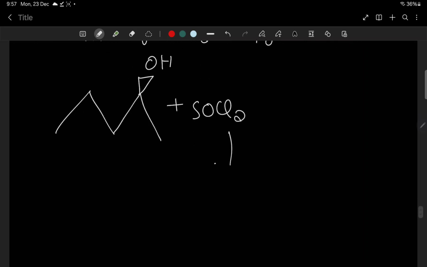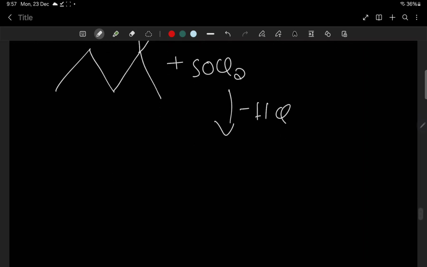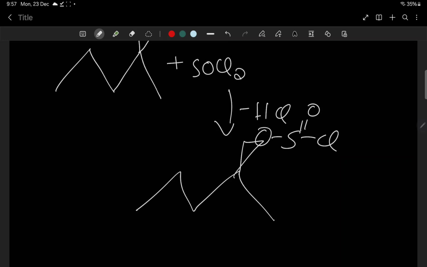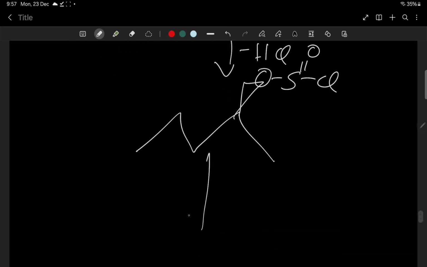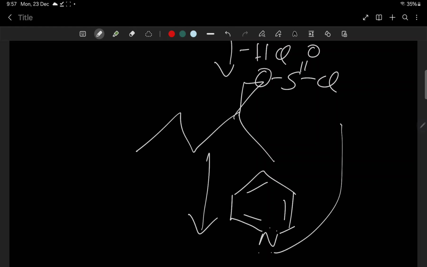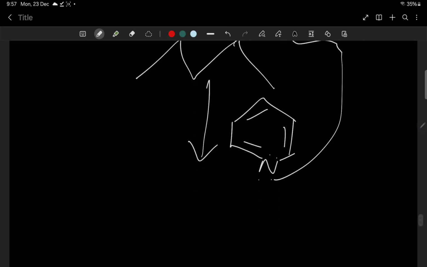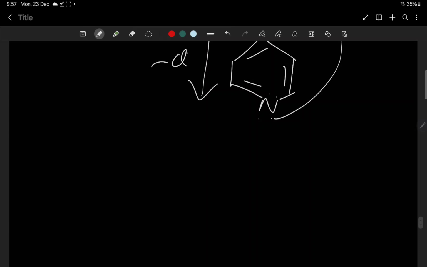The same thing happens first: HCl will go outside. Now we have O, S double bond O, Cl, the same as above. Now pyridine is a base, and it gives its lone pair to sulfur, and this chlorine goes outside. So chloride, Cl minus, leaves.